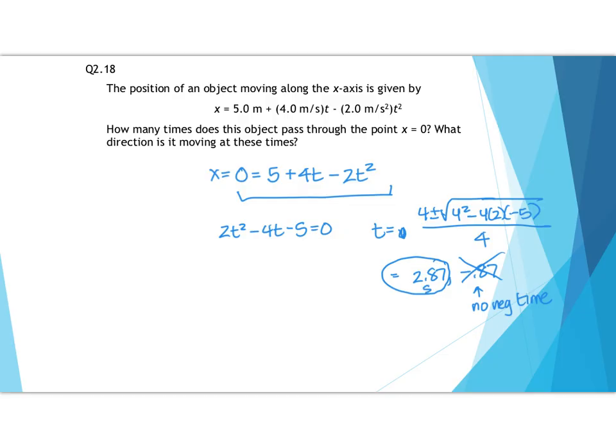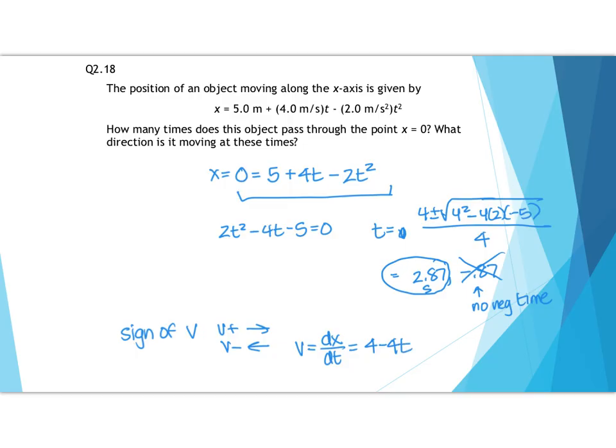To figure out the direction it's moving, we would look at the sign of v, because if v is positive, it's moving to the right. If v is negative, it's moving to the left. Keep in mind, we find velocity by taking the derivative of that expression with respect to time. And we'll get 4 minus 4t.